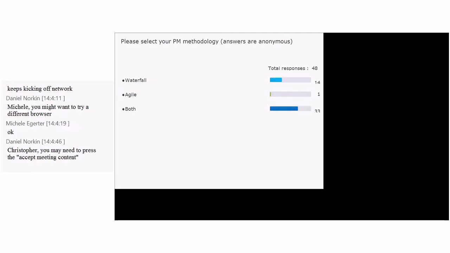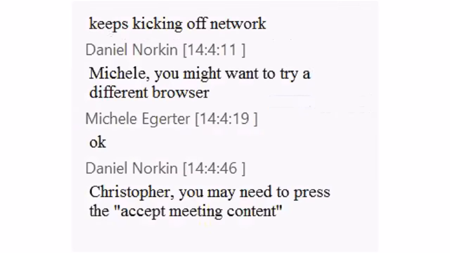Everyone, you have 5 seconds to put your last submissions in. 5, 4, 3, 2, 1. Oh, the Agile answer was withdrawn. Anyway, let me start presenting.